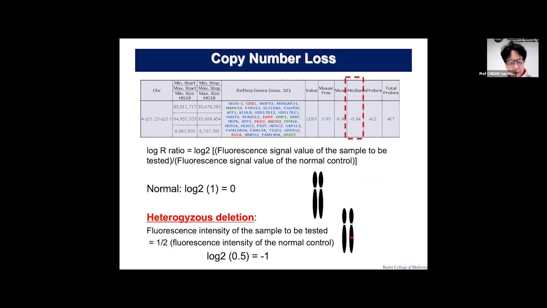So just to review the copy number loss, the normal is 0, right? And then heterozygous deletion is minus 1. So one copy is normal and the other is lost, copy number loss.